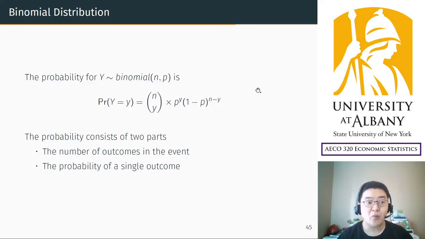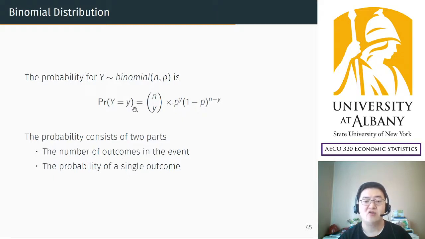So now we are ready for the general binomial distribution probability formula. In general, we have a binomial random variable y with parameters n and p. N and p are the parameters for this random variable, and we are interested in the probability that y equals lowercase y.